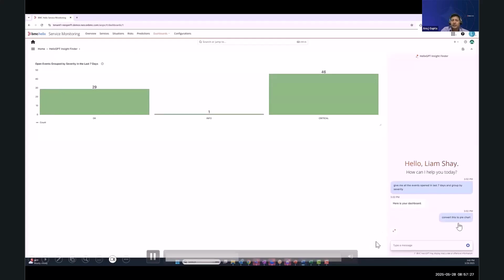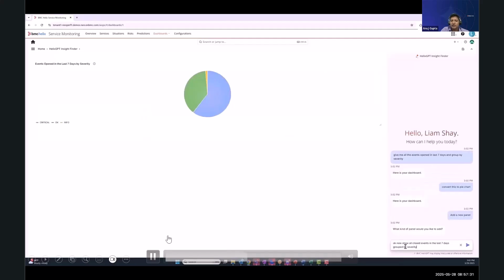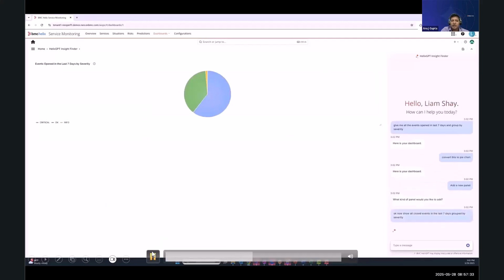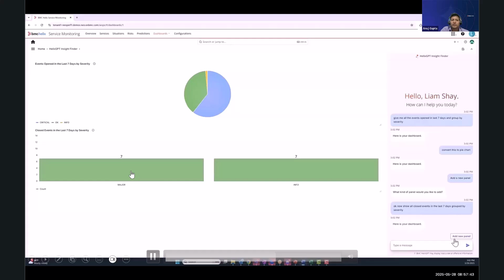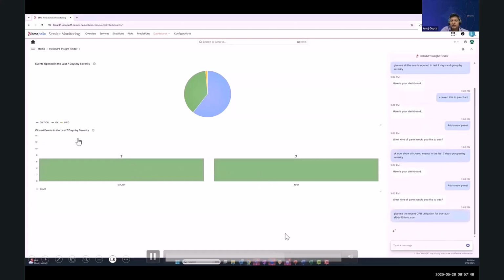And if you say, now convert this to a pie chart, for example, or any other panel, we can create that. Now if you want to say, hey, now show me all the closed events in the last 7 days grouped by severity. So these were only the open events; now it is showing me only the closed events in the last 7 days.